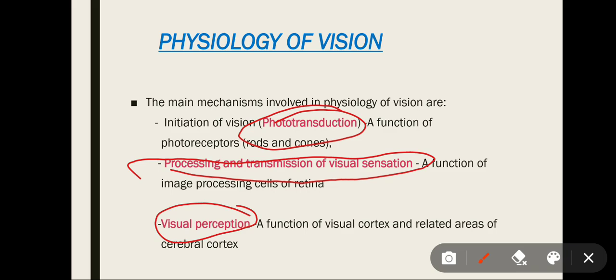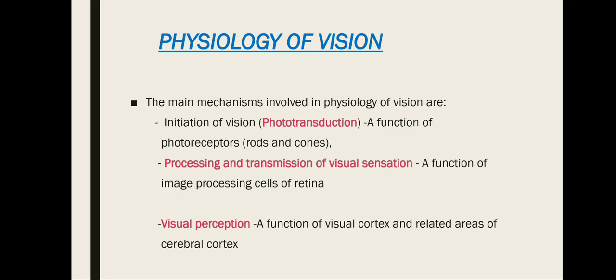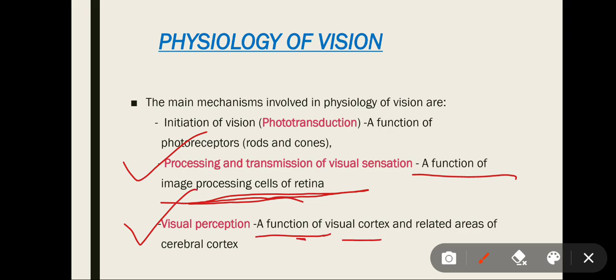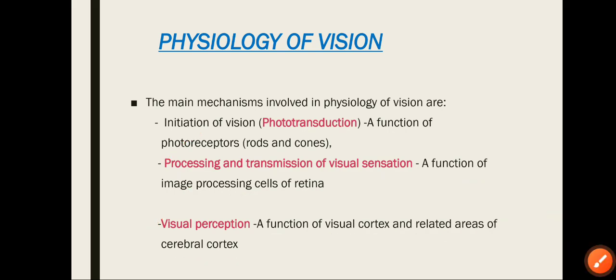Initiation of vision, that is phototransduction, is a function of the photoreceptors, rods and cones. Processing and transmission of the visual sensation is a function of the image processing cells of the retina. And visual perception is a function of the visual cortex and related areas of the cerebral cortex.